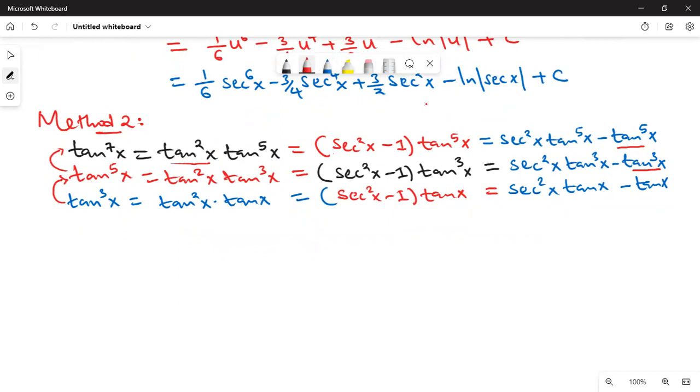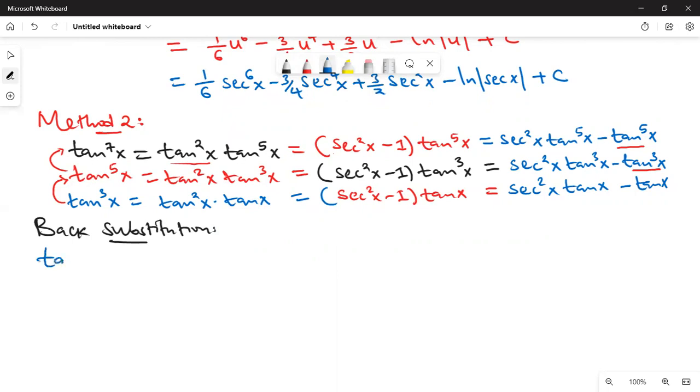So let's substitute tan cubed x into the answer for tan raised to 5 of x. What are we supposed to get? Back substitution will give us this one.